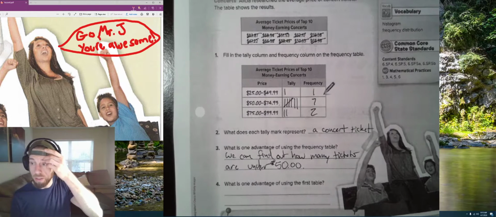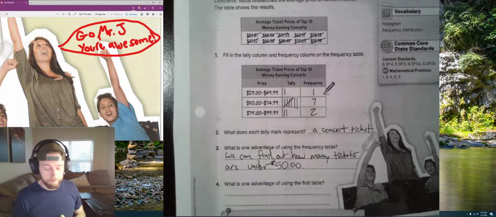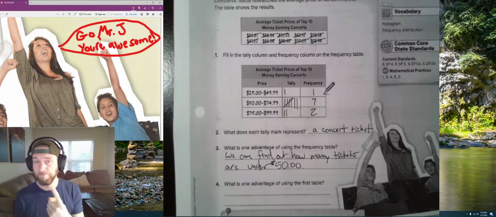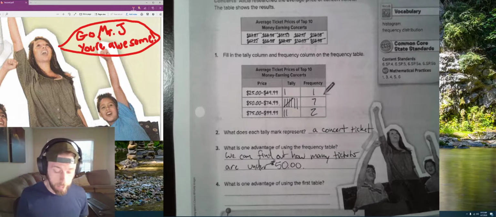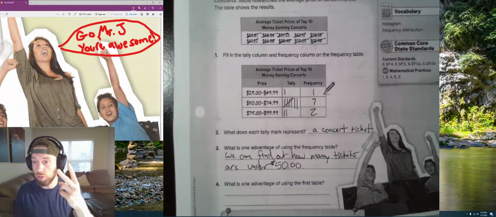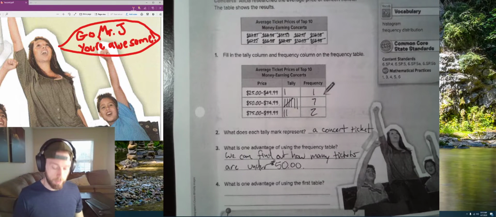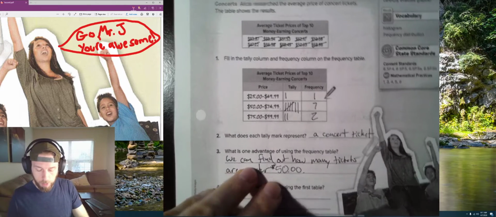That's a real cool way to use a frequency table, right? How many tickets we got under 50 bucks? 1. How many tickets do we have over $75? 2. Right? Some cool things we can find out using a frequency table. We're going to move on.